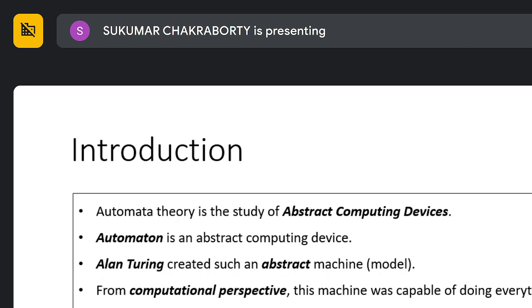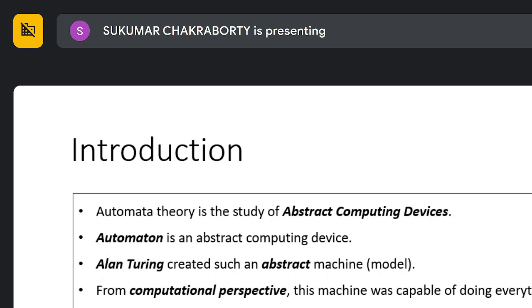The answer should be either yes or no, but is there any machine which can perform this task? This is in the simplest terms. To model that, he created a machine called the Turing machine, which is an abstraction of a machine, but it is capable of doing everything that a computer can do nowadays. So that is the abstraction of a computer, this Turing machine.